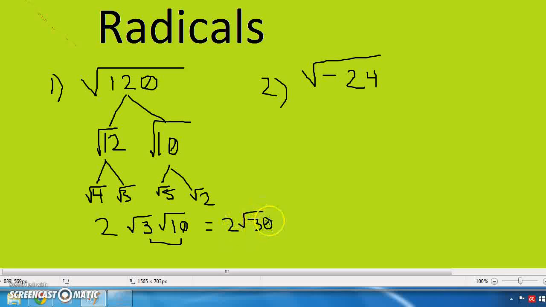Now, let's check that. Let's see what that approximates to. 2 root 30 is equal to 10.954445, and it goes on. It's irrational, obviously, not a perfect square.